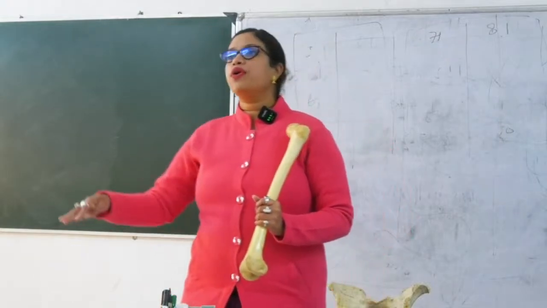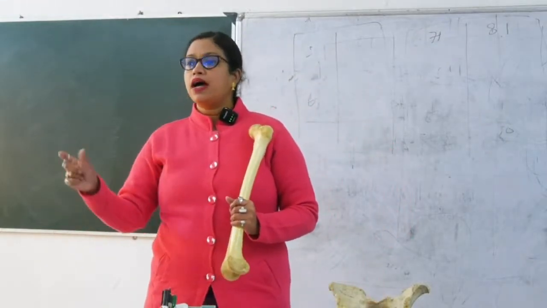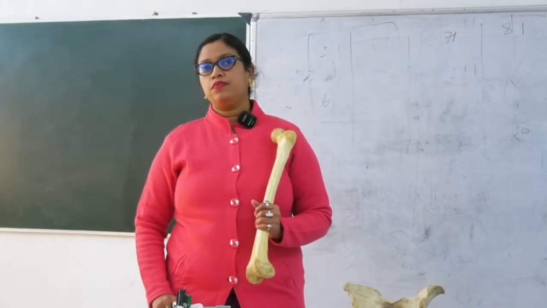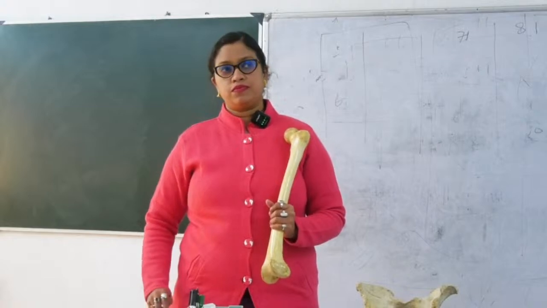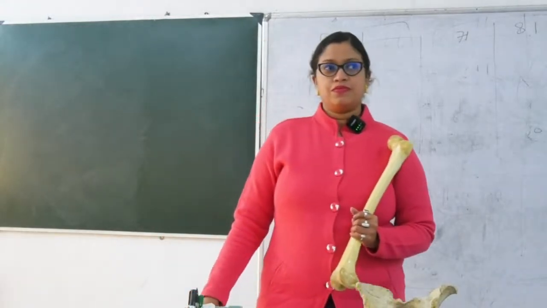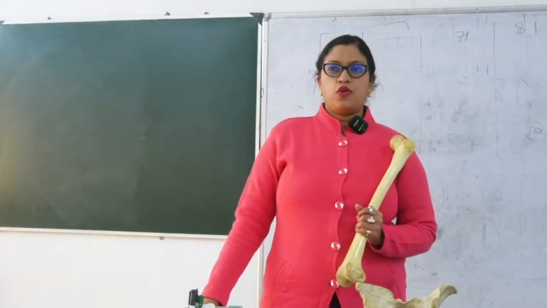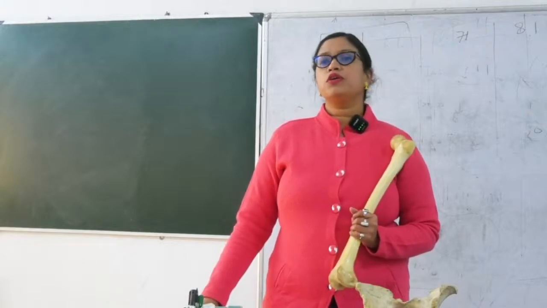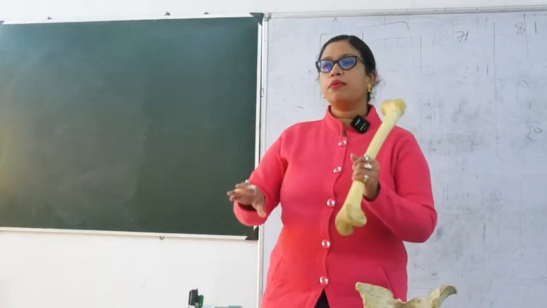Suppose now all of you are sitting, right? So how is the position of the bone now? What is the opposite of locking? Unlocking. I have asked what is the position of the bone. How is the bone now?